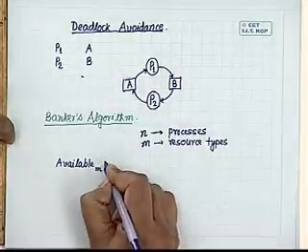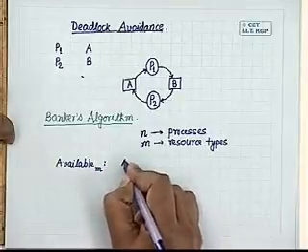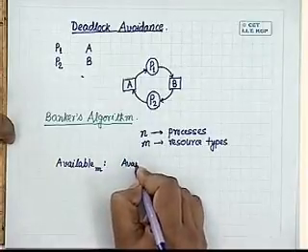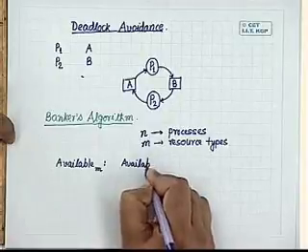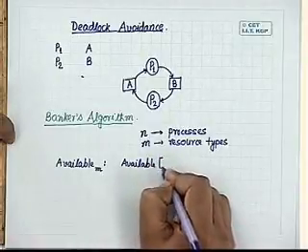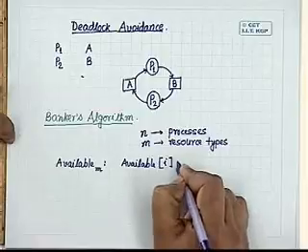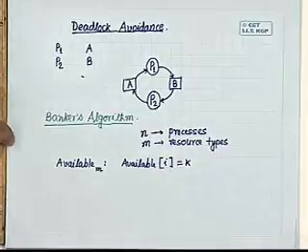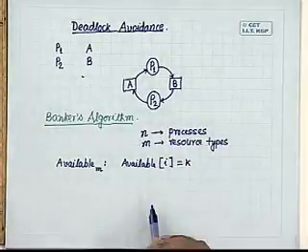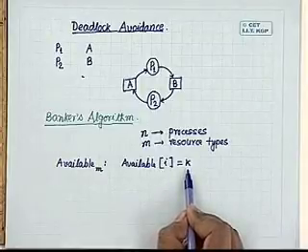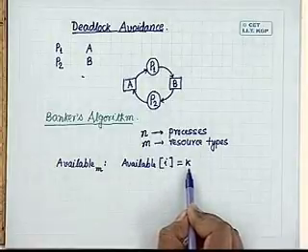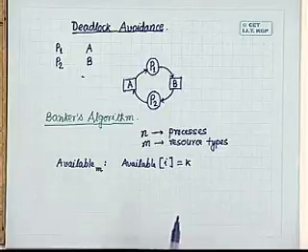Okay. So, if Available[i] is equal to some value, say k, that means that k number of instances of the resource type i is currently available.